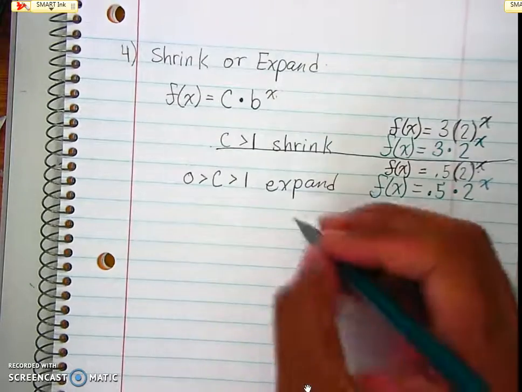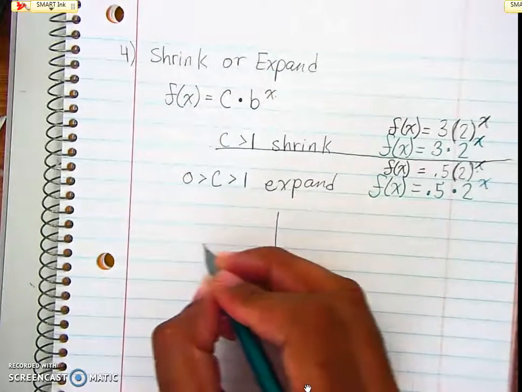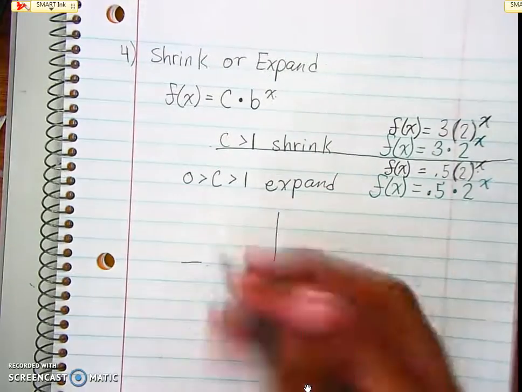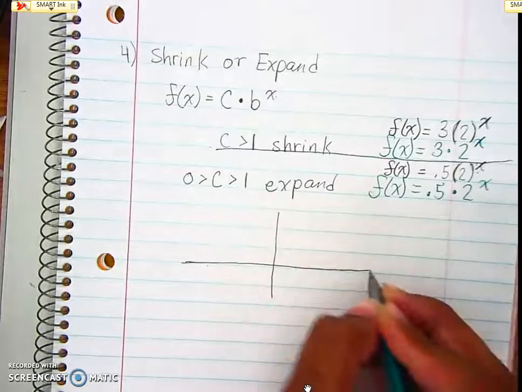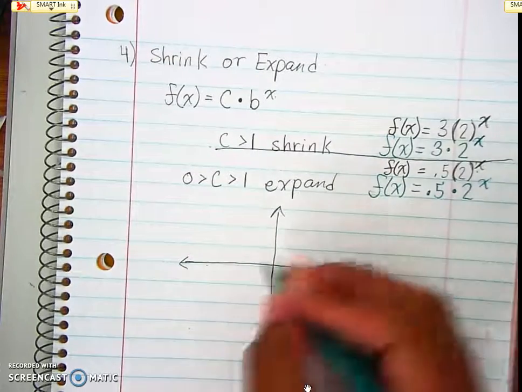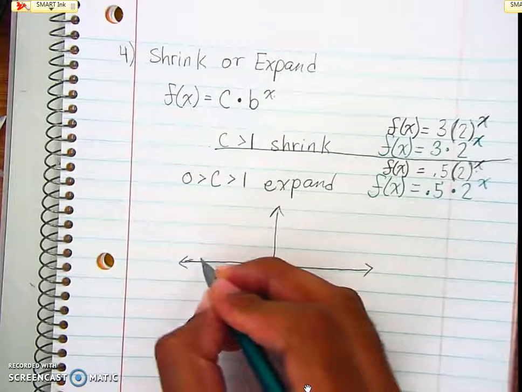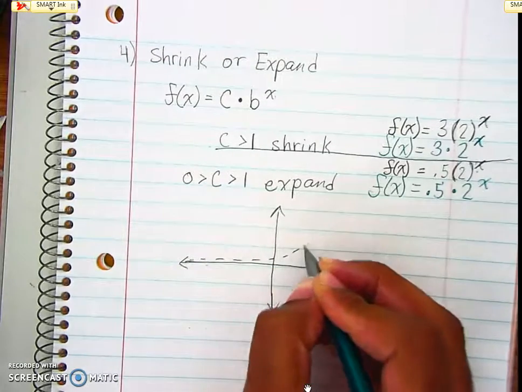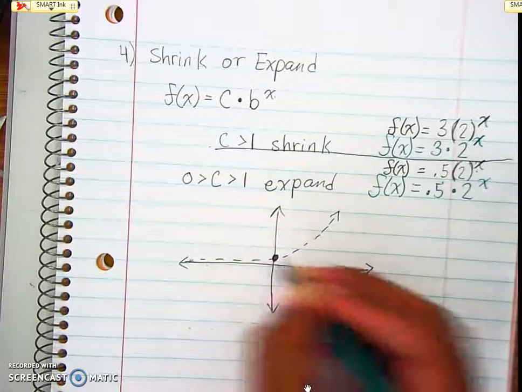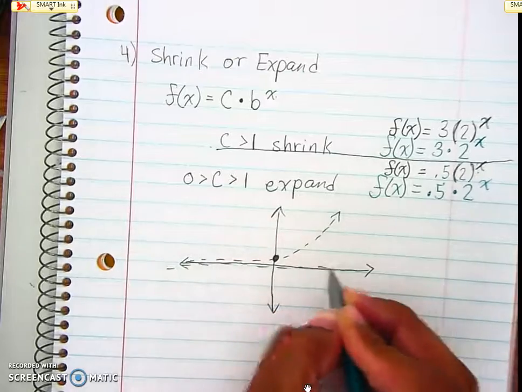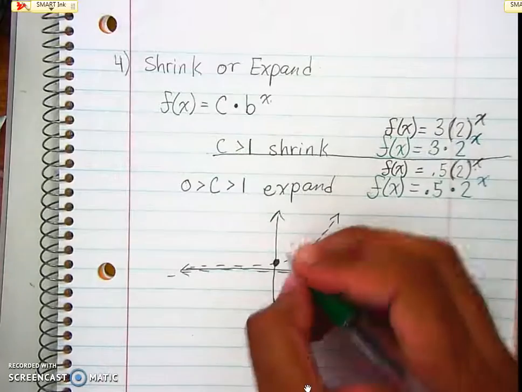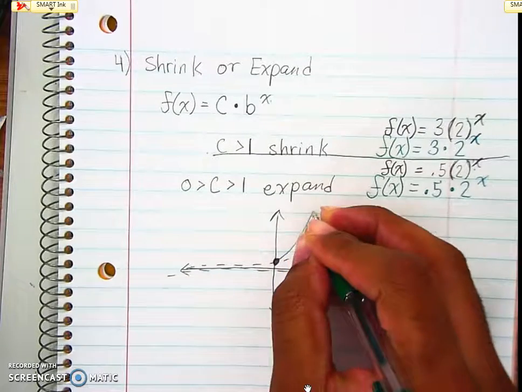And I'll give you a visual of that too, because I like visuals, and I think you guys do too. So if we have the original parent graph that comes about here, and again goes through 0, 1, right there. That's your asymptote going on there. When it says it shrinks, that means we're going to have it come this direction.